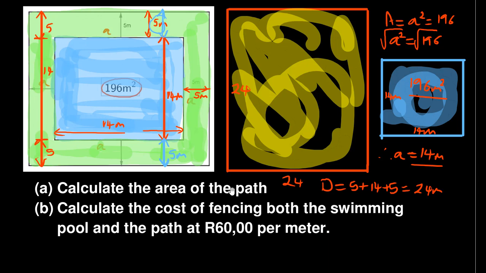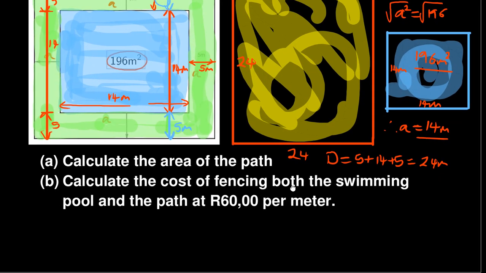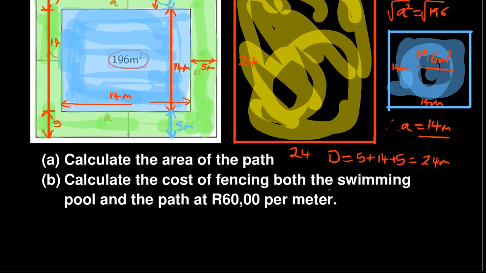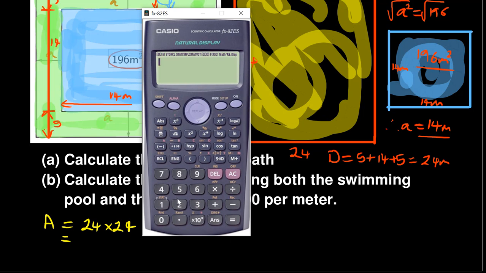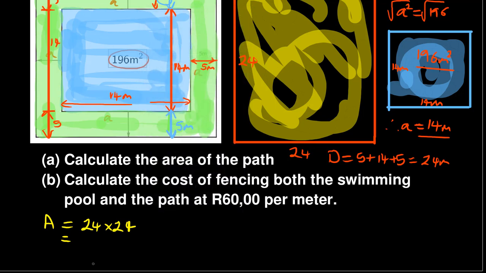So now I'm going to find the area of this outside path. Again, I'm going to say area A is equal to 24 times 24, which is 24 squared, is equal to 576.